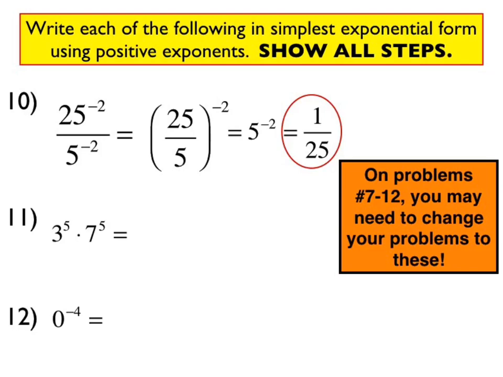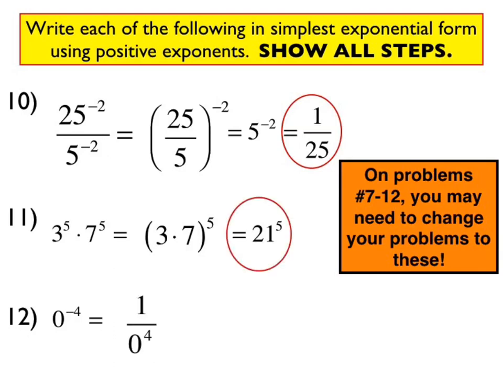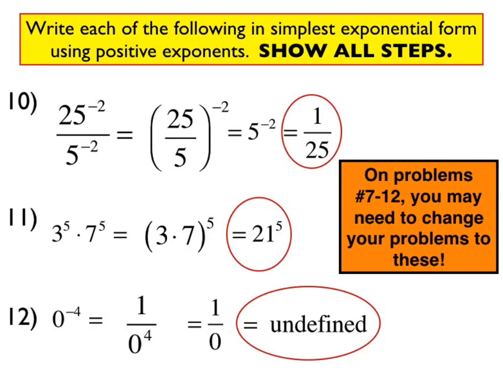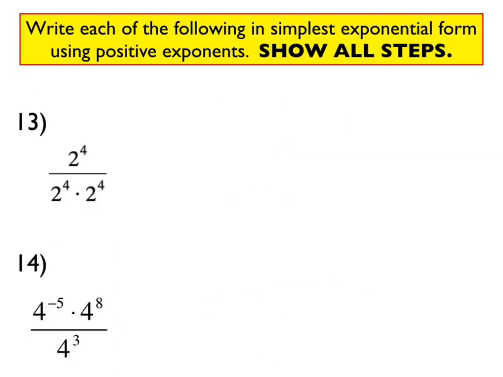The bases are different, but the exponents are the same. So we'll utilize that rule. So that should be 21 to the 5th. And when 0 is a base and the exponent is less than or equal to 0, the answer, of course, is undefined. In MyOpenMath, we type in DNE to represent does not exist. Okay? All right, continuing on.